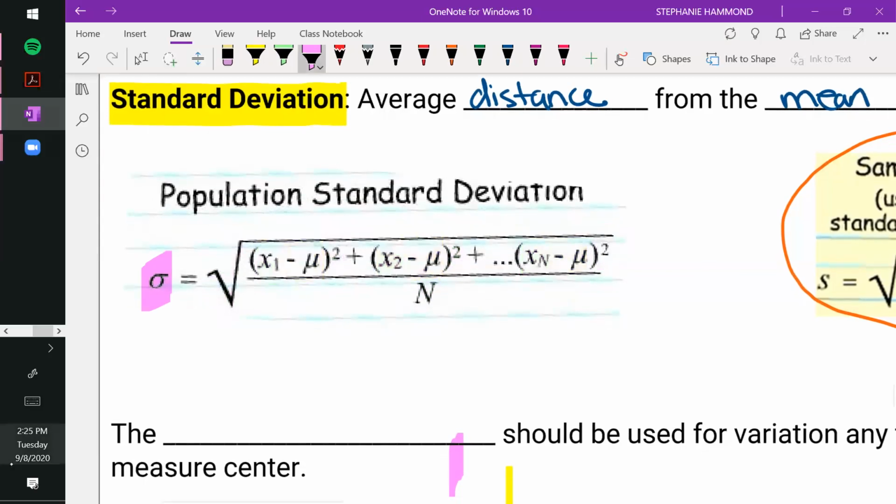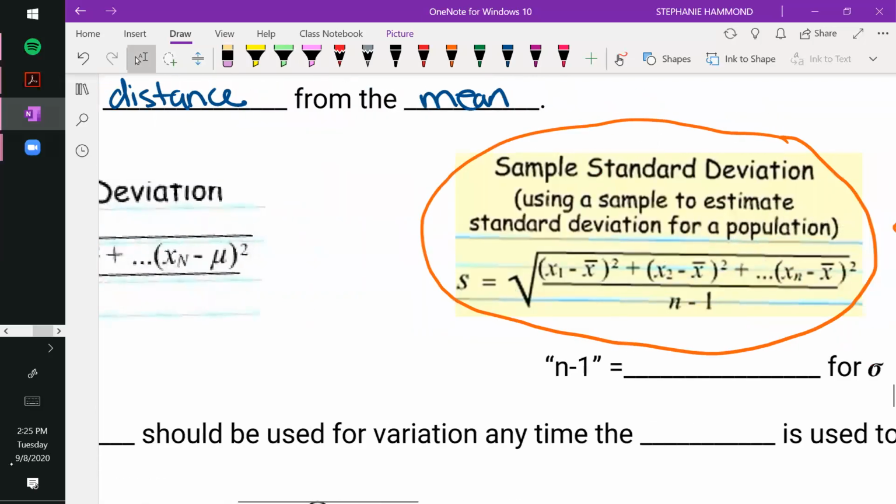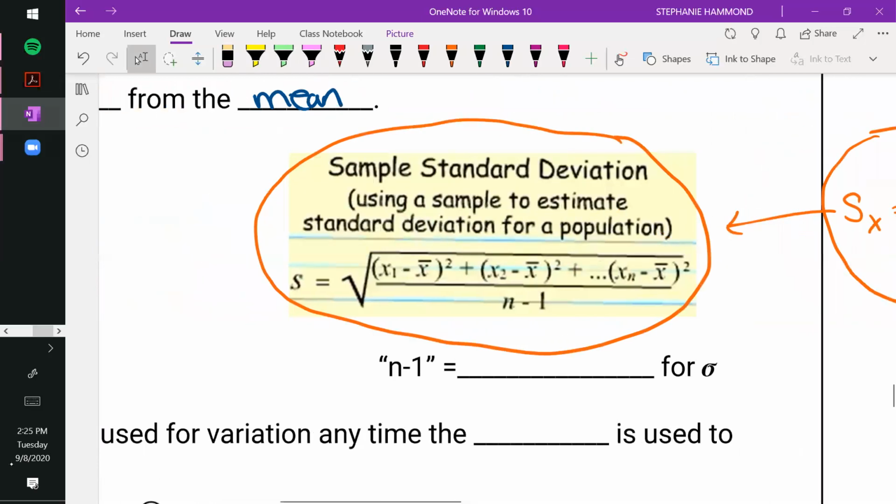Okay, on the other end here, when we're calculating the standard deviation from the sample, we would expect the same thing, but there's one small difference. This denominator is the only thing that's different. Recall, X bar is the mean for the sample.